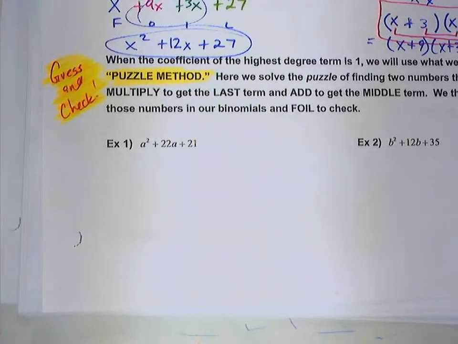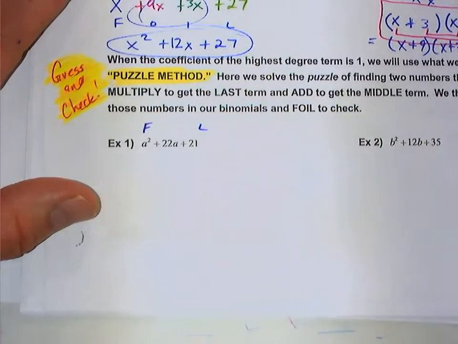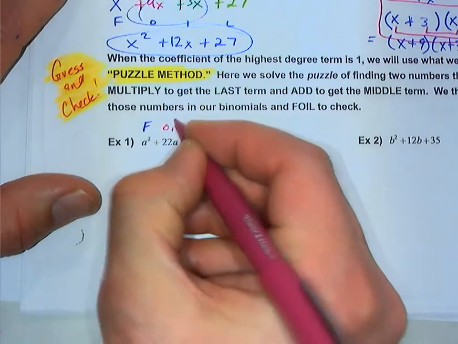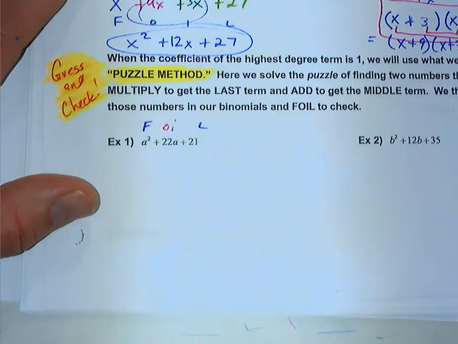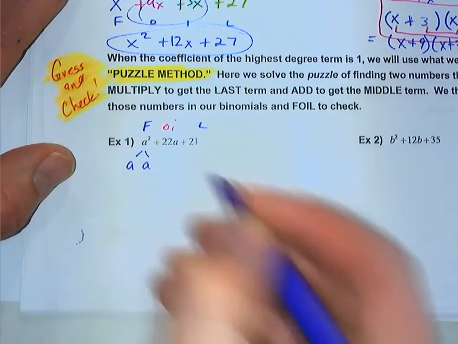All right, gang. So let's go ahead and give this a shot here. All right. So we're going to look at our first term and our last term. And we want it to add up to our OI term. So first thing is factors of a squared. A and A. Guys, those are my A's.